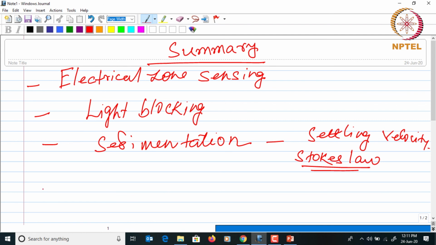And then we have also discussed a variation of this sedimentation method known as air classification, which uses a rotating disc and a cross current airflow to separate the particles based upon their size, and from that the particle size can also be obtained.